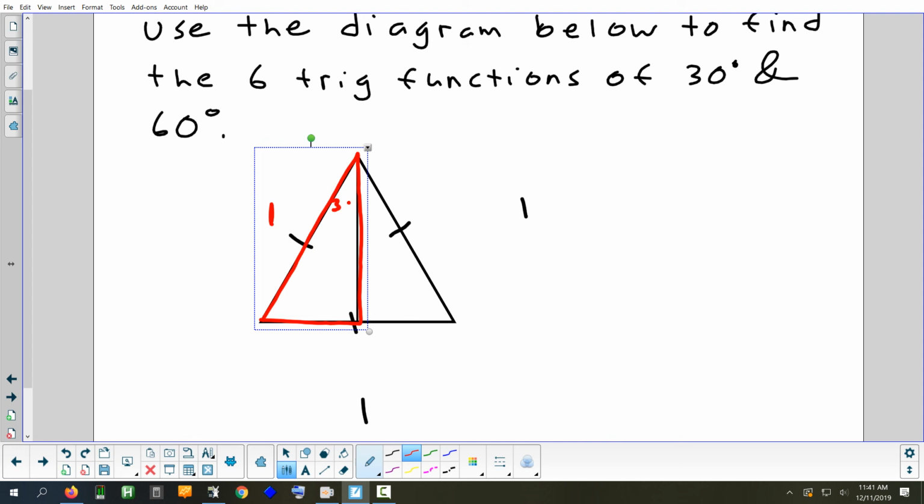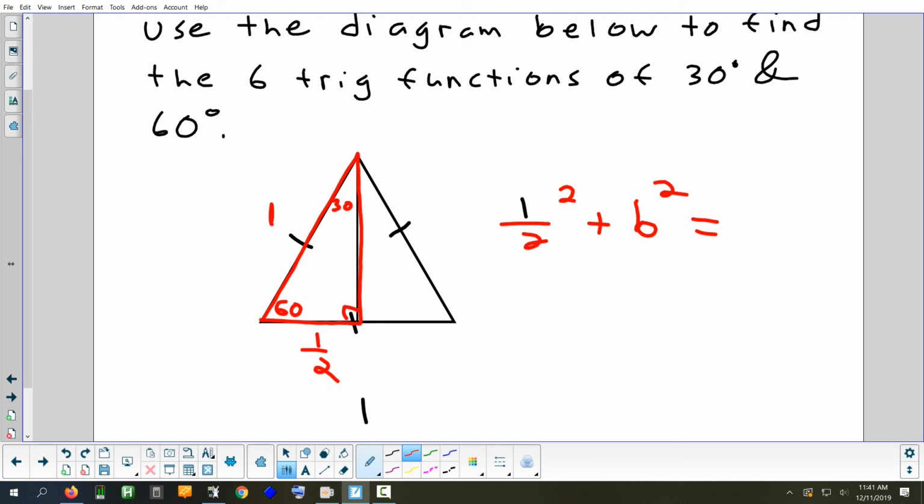So this is now 30, 60, 90. That's 1/2. And how can I get the third side? 1/2 squared plus b squared equals 1 squared.